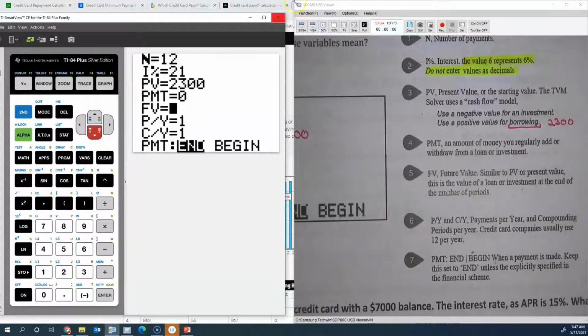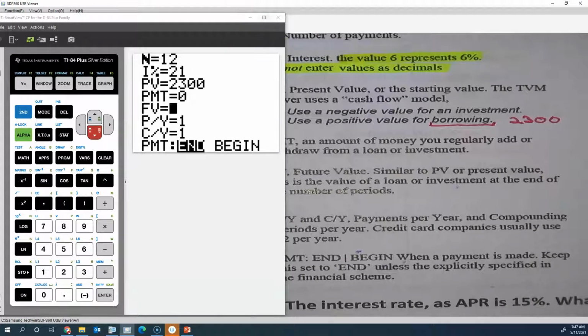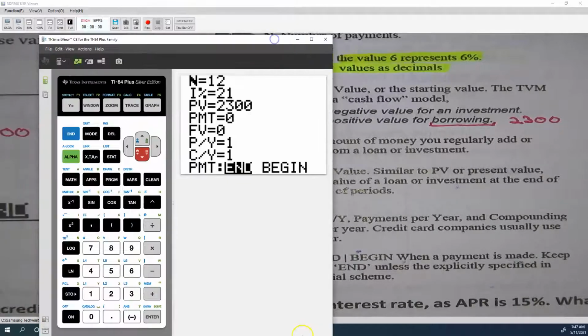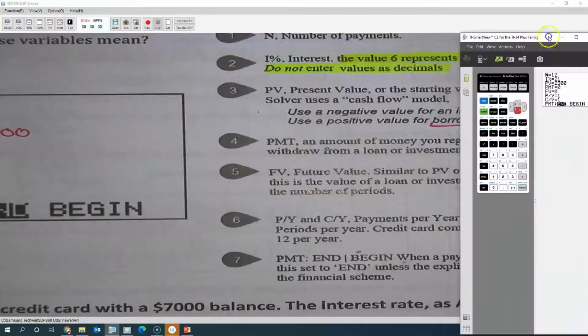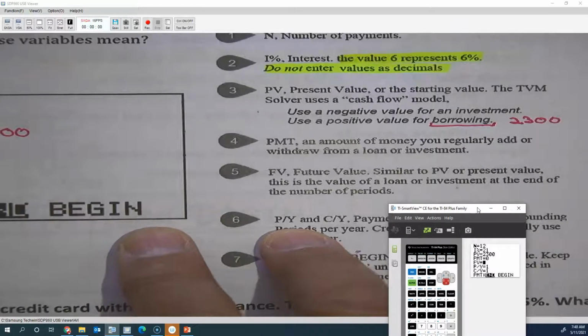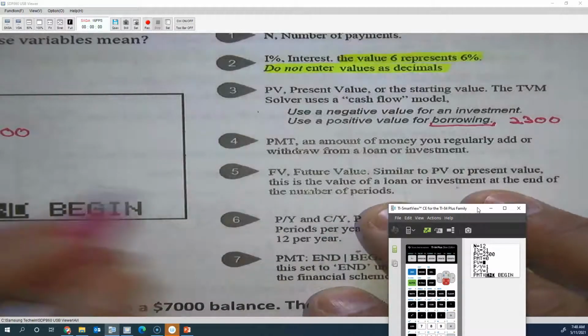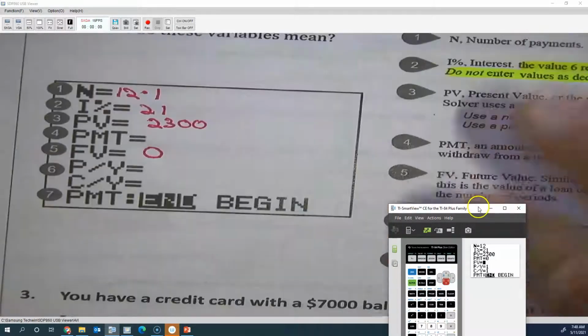All right, now the final value, or the future value, is how much you want to have left over at the end of 1 year. In this case, we want to pay off the debt, so we want our future value to be 0.